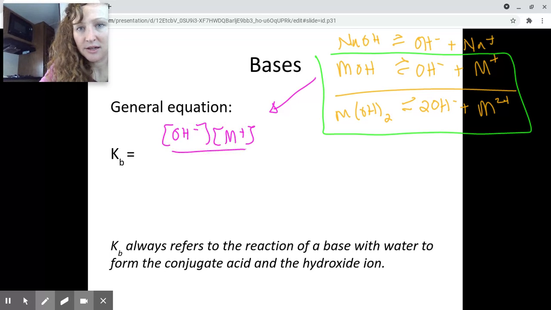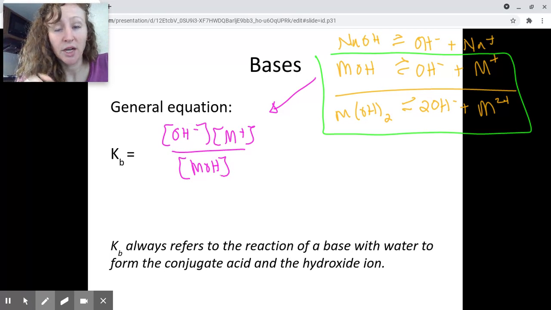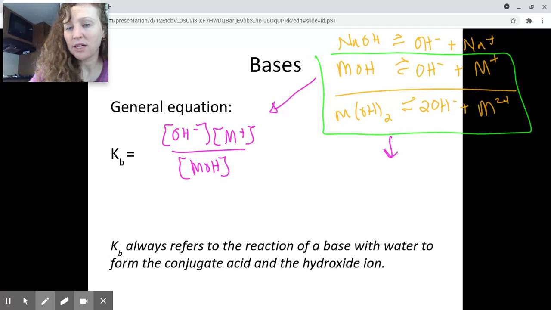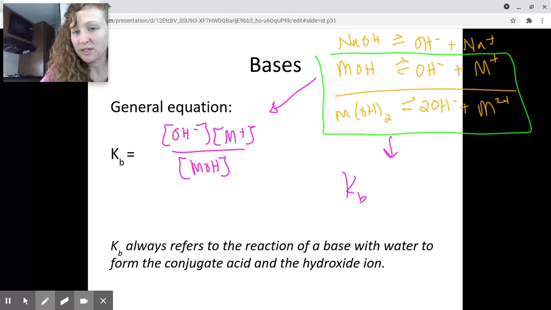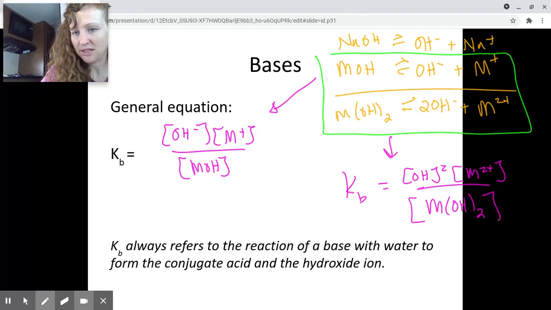And then again, you may or may not have your actual metal hydroxide on that base. It's going to depend on the state. Is it aqueous or is it solid? For an alkaline earth, your KB is going to be slightly different. You'll have hydroxide squared, your metal ion, and again, possibly your metal hydroxide, depending on the state.